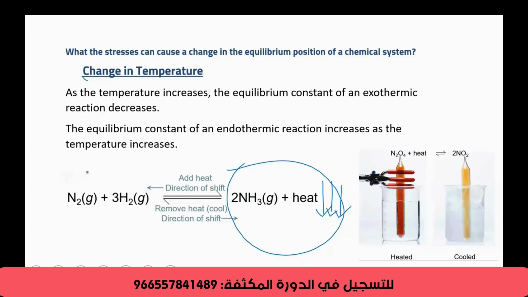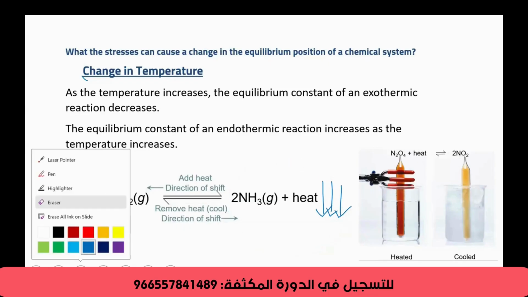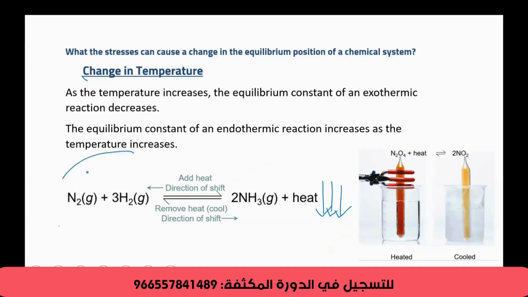So write this arrow. The question now, where is the stress? The stress is on the other side. I don't have a problem if you cool down. Now the problem is on the other side. So circle the other side and write the word stress. Which one will be affected? I mean, which way will the reaction go to relieve the stress?